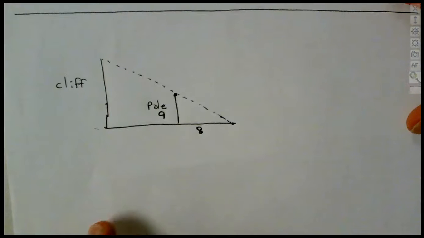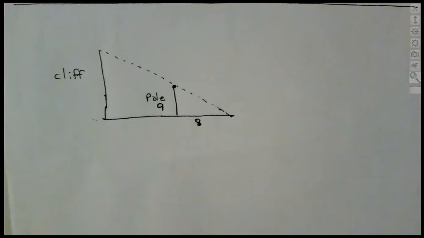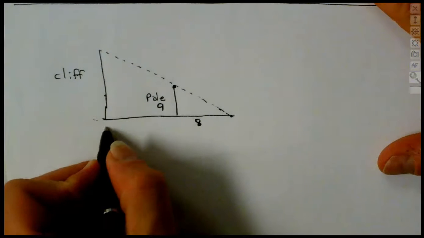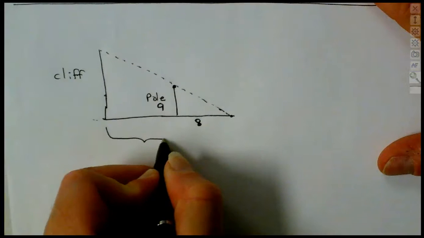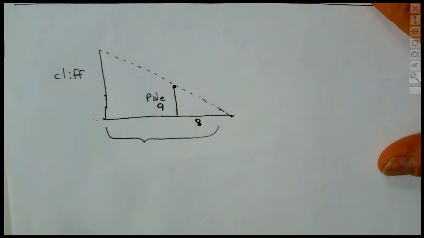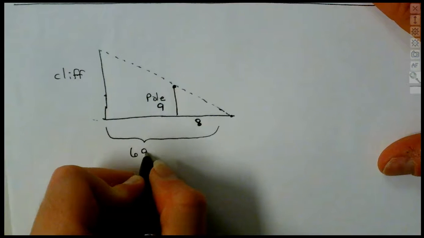Now we need to figure out how we can set up our ratio. We also know that the point is 69 feet from the base of the cliff. So that means the distance from here to the end here is going to be 69.